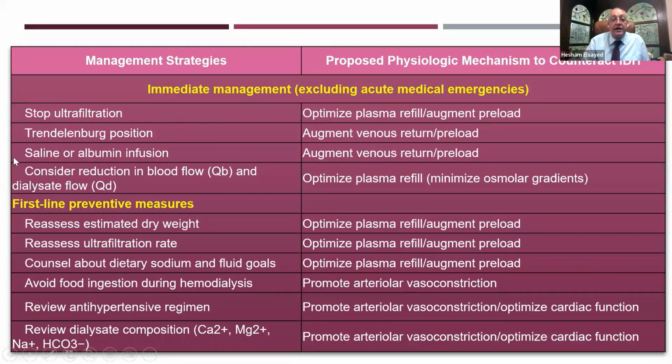And the first line, in intradialytic hypotension, is to immediately stop ultrafiltration, Trendelenburg position, saline or albumin infusion, and reduction in blood flow. The first line preventive measures include as well reassessment of the dry weight, the ultrafiltration, dietary intake, food ingestion during hemodialysis, review of all antihypertensive regimens, and review of dialysate composition.